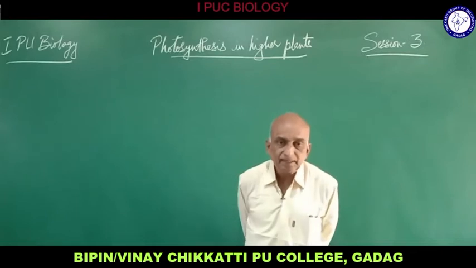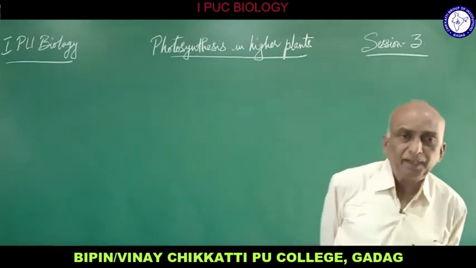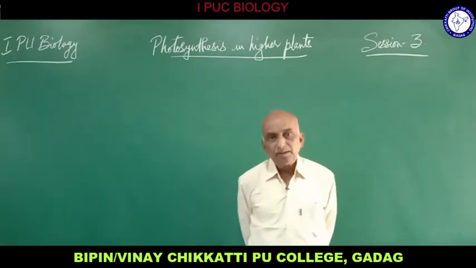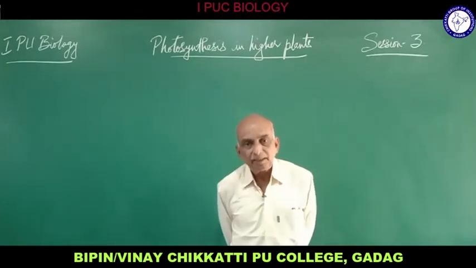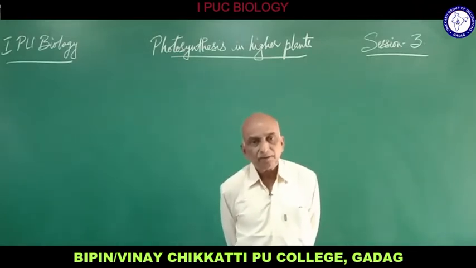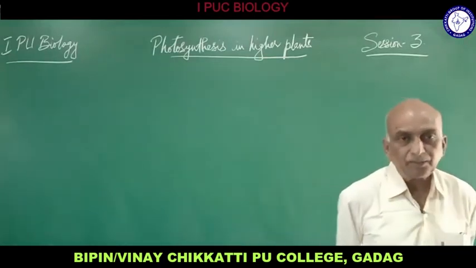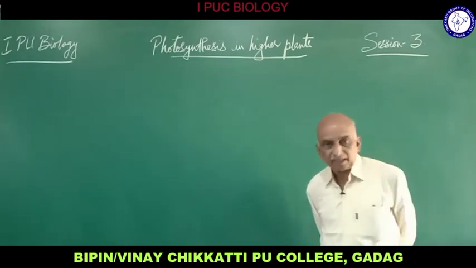Now this excited electron is carried by various electron carriers. There are different types of electron carriers which receive the excited electron, and when they pass the electron from one to the other, energy is released by the excited electron.